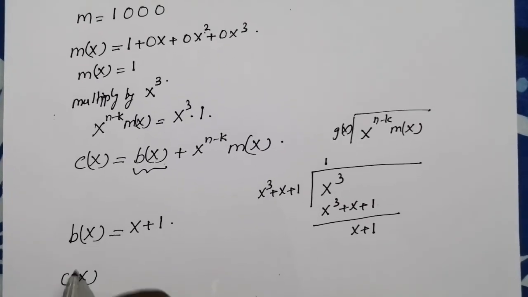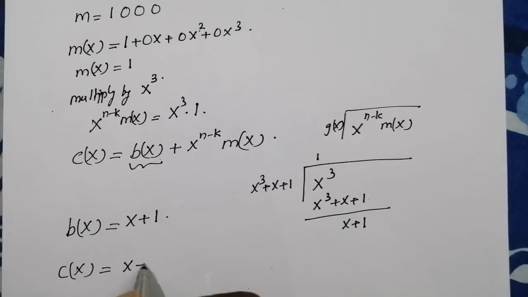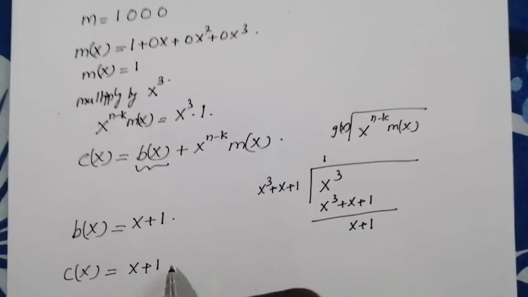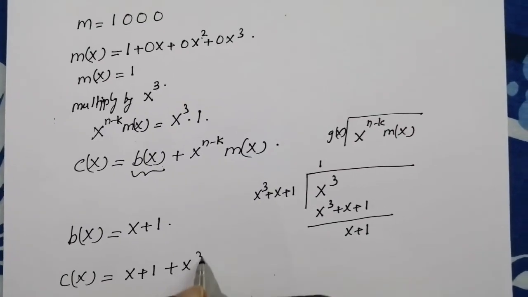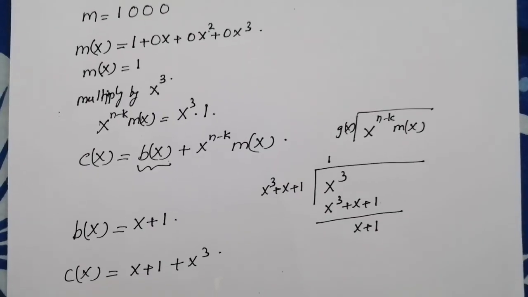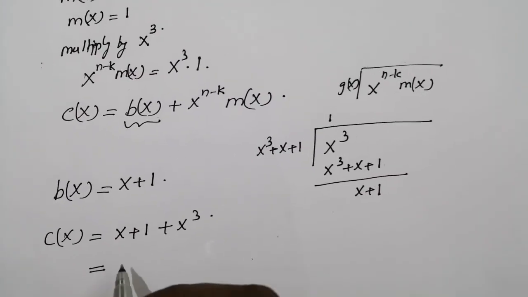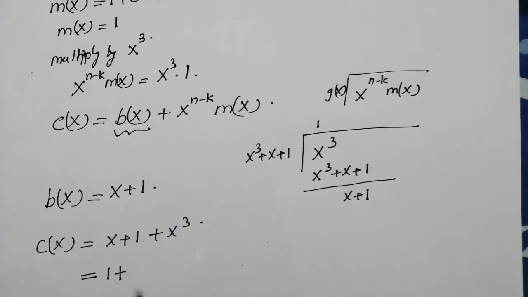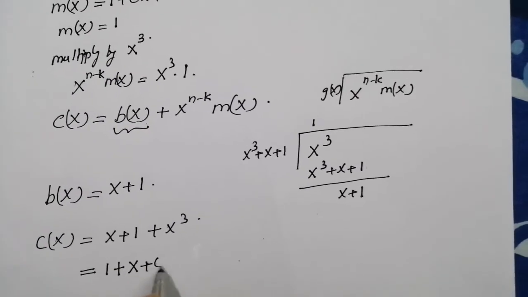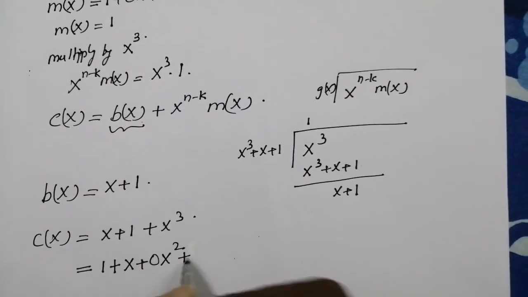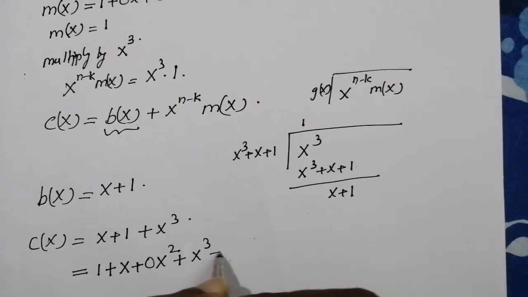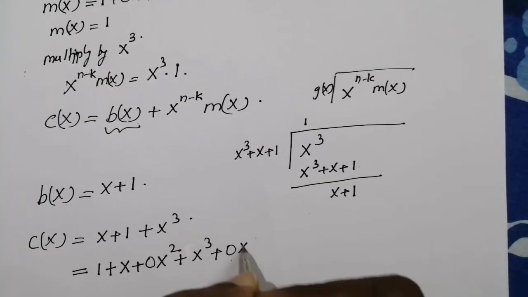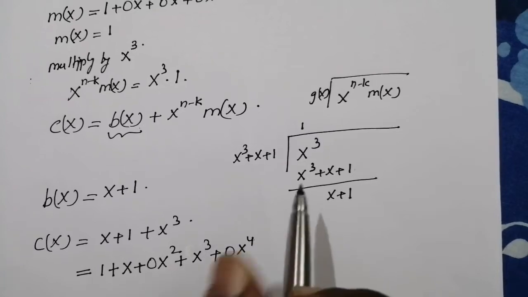Now c of x equals x plus 1 plus x cube. So I will write this as 1 plus x plus 0x square plus x cube plus 0 x raised to, how many terms will be there?